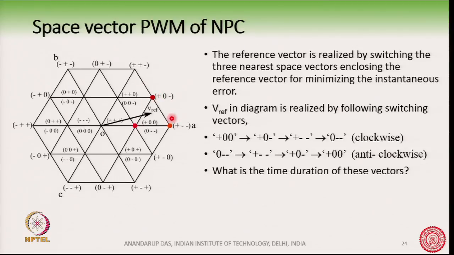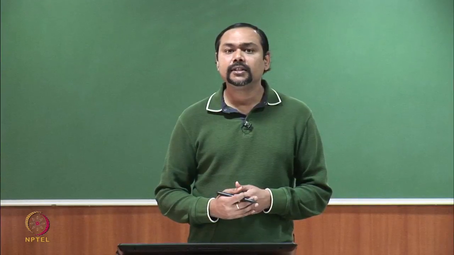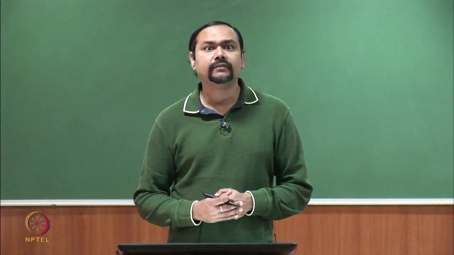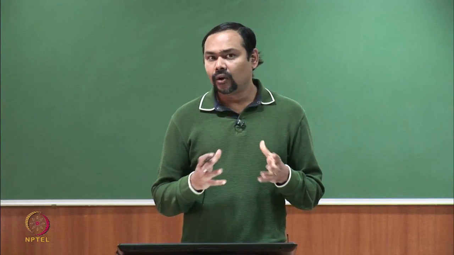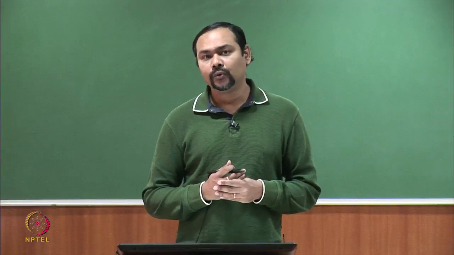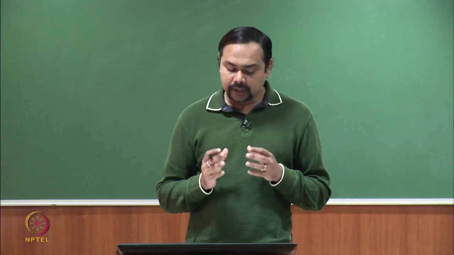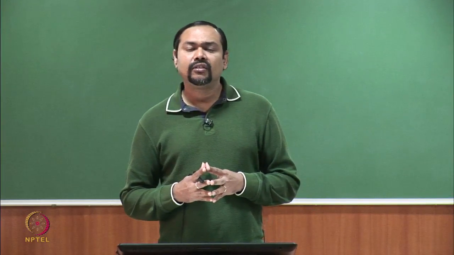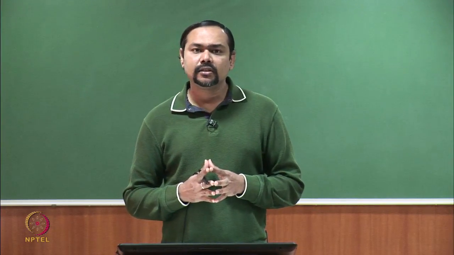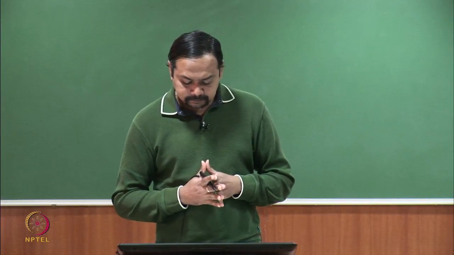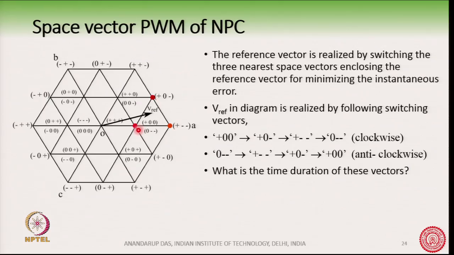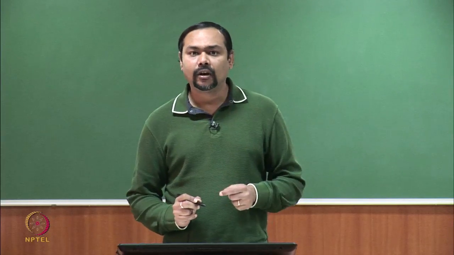Like we have also seen in the two level space vector diagram, we can switch the three vectors. The question then comes up is what are the timing durations of these vectors, which again follows from the same principle of volt second balance, which we had earlier covered. We will switch these three vectors for a certain duration of time.